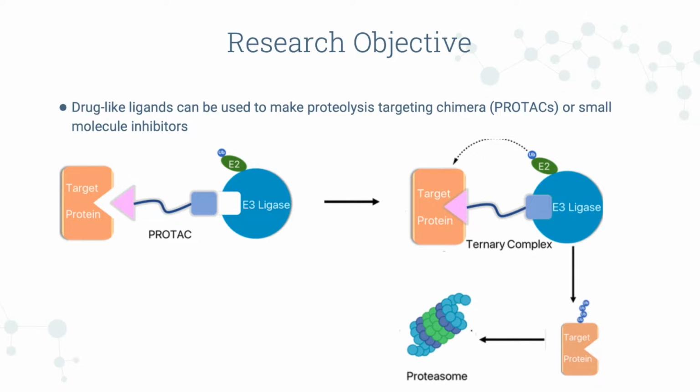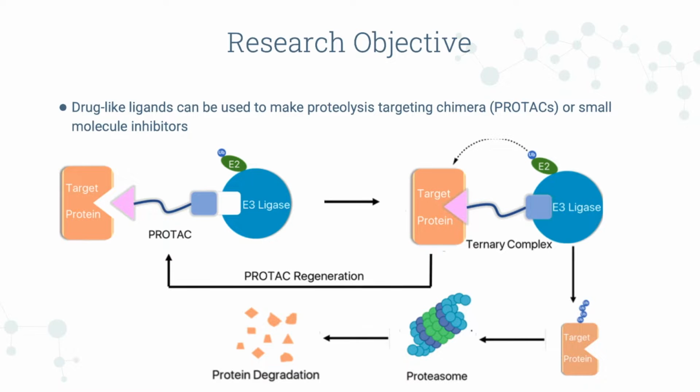For the purpose of this study, drug-like ligands can be used as PROTACs to target and degrade COP1, and possibly inhibit its potential oncogenic effects in leukemia. PROTACs are also catalytic and can be regenerated after use.